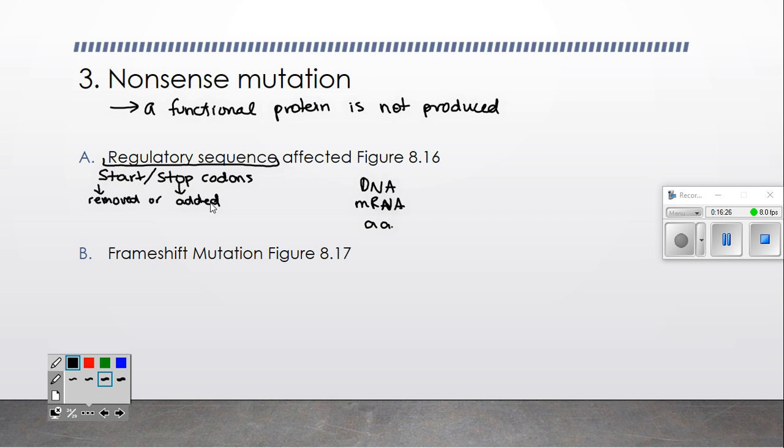So if we start with a DNA sequence like A, T, G, ATG would give in mRNA UAC, and UAC codes for tyrosine.